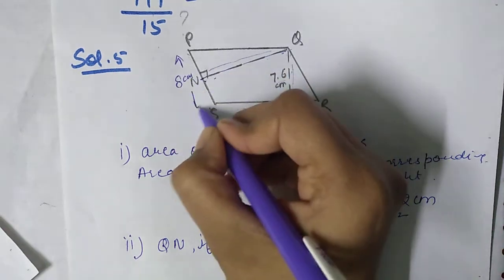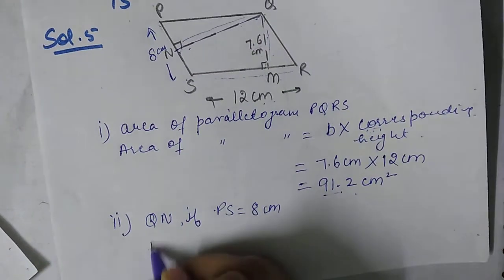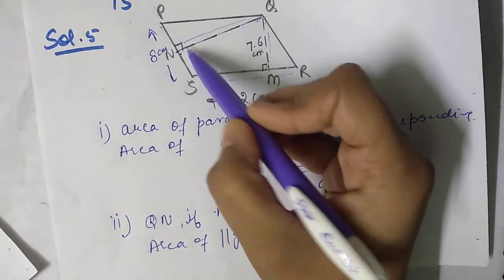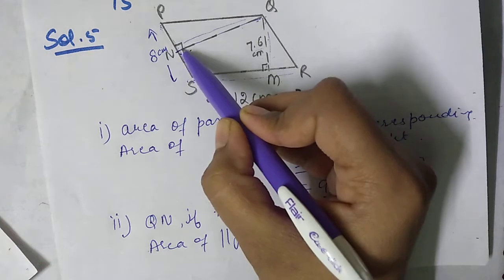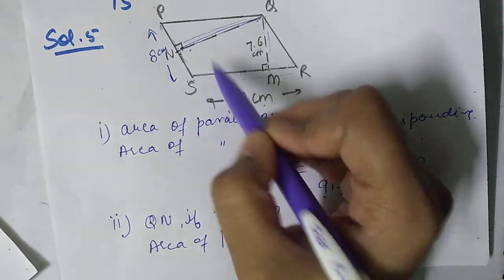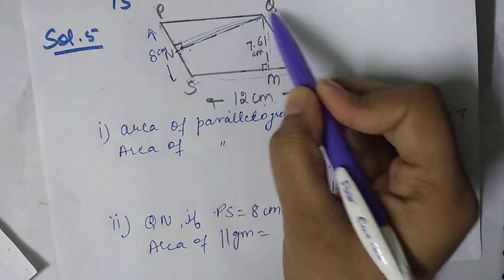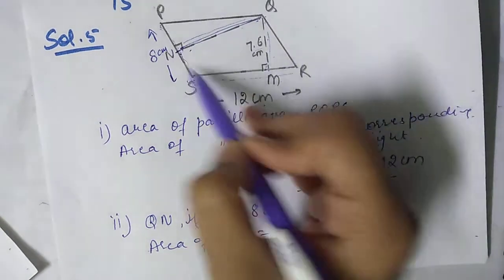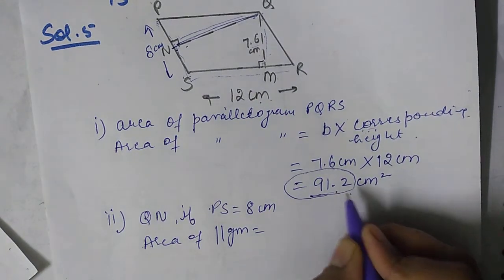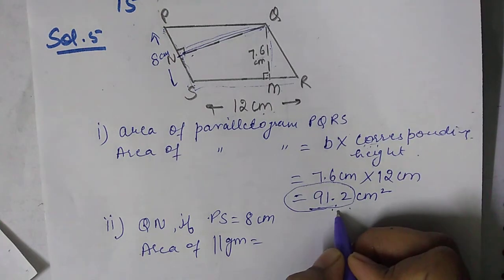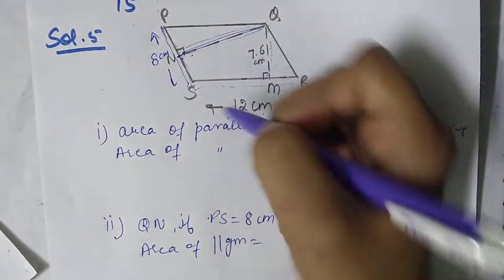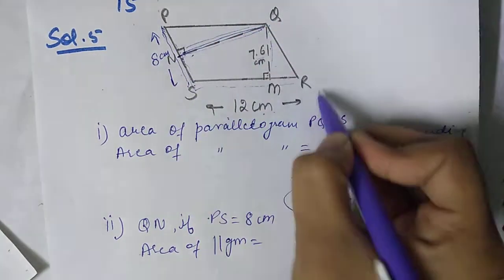Now for the area of parallelogram, if I take this as base, in that case I have to take this as height, and this will give the area of the same parallelogram. It means the area remains the same if I take this as base and this as height, because these are the base and height of the same parallelogram.